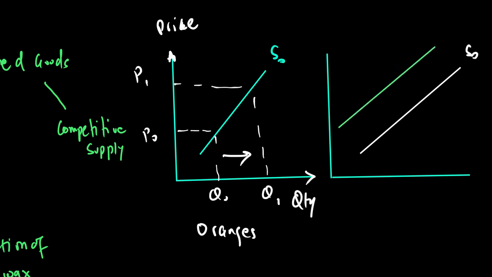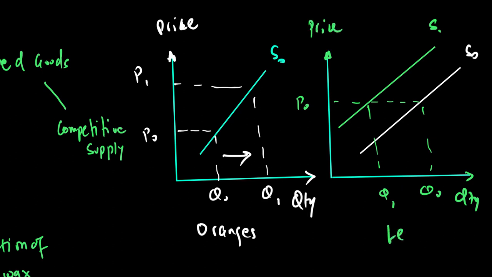The supply curve will shift backward, because now for each and every price there are fewer lemons produced, since there is less land available to grow lemons. So this is what happens in competitive supply: the production of one good can lead to less production of the other, because the inputs are used for one thing and not for the other.